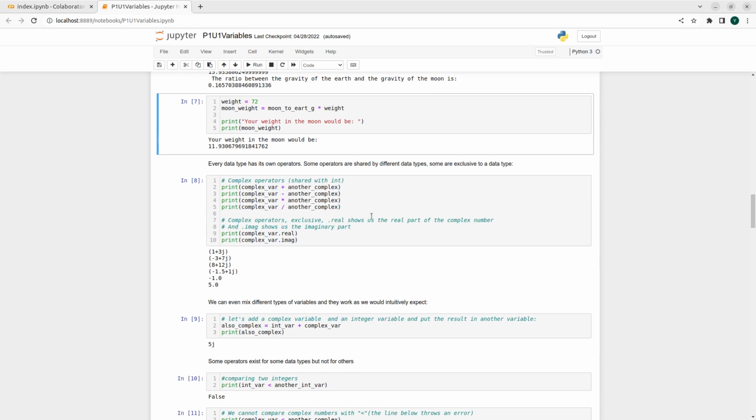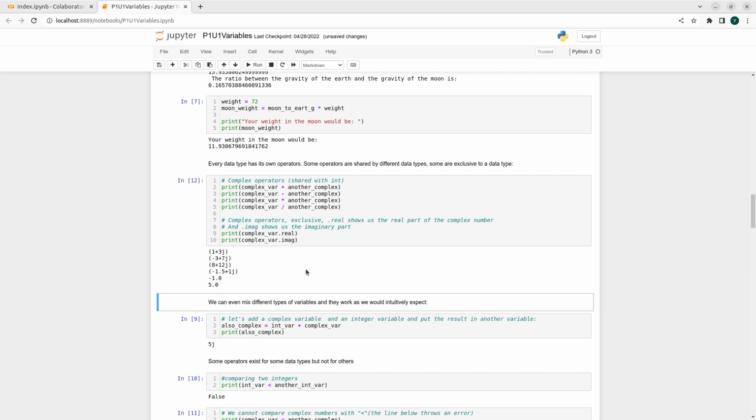All data types have operators, complex variables also have the same operators. But some have special ones. For example, in complex variables I can also access the real and the imaginary part.